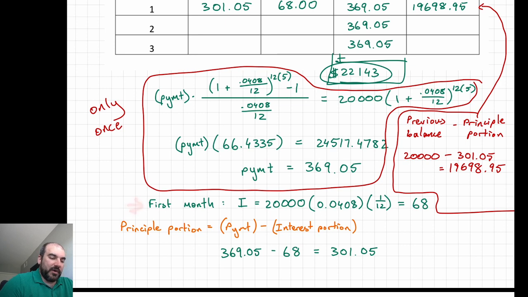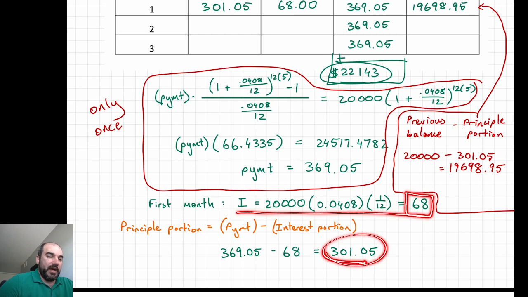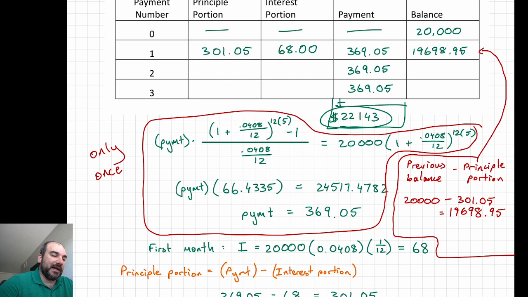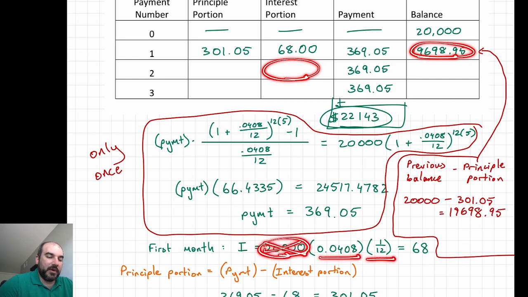This part that we did, where we calculated the interest portion, and then we calculated the principal portion, and then we calculated the new balance, that's going to be a new calculation each month. Right? So for the second month now, we would need to calculate the interest portion by using the previous balance. Instead of the original amount, we're going to use the previous balance, we're going to use the rate, we're going to use the 1/12, and get a new interest for this second month.